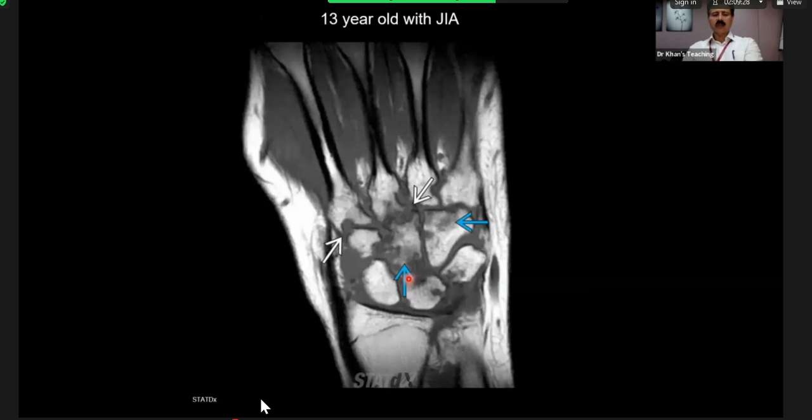This is a T1 weighted sequence, which also tells you how beautifully erosions can be seen in any condition, for example, JIA or RA. And you can see on this T1, you can pick it up. Studies have told us, of course, MR is up there much better than plain film, but that doesn't mean that everybody is doing MR, and that also does not mean that they are going to show you MR.